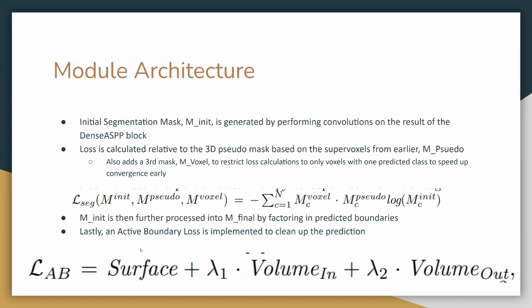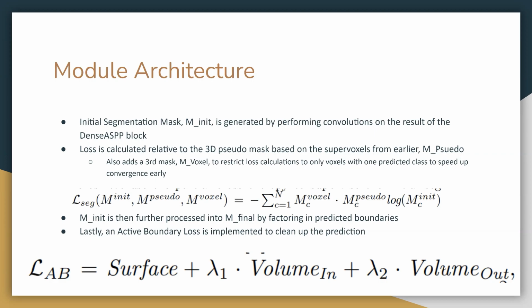Lastly, there's an active boundary loss term, which follows the footsteps of the active contour loss, except it's now in 3D. So there's the entire surface or the outside of the 3D region you're attempting to segment, plus this volume within the image, guided by this volume within the segmented region that you care about, weighted by this hyperparameter, plus this hyperparameter times the volume outside the segmented region.